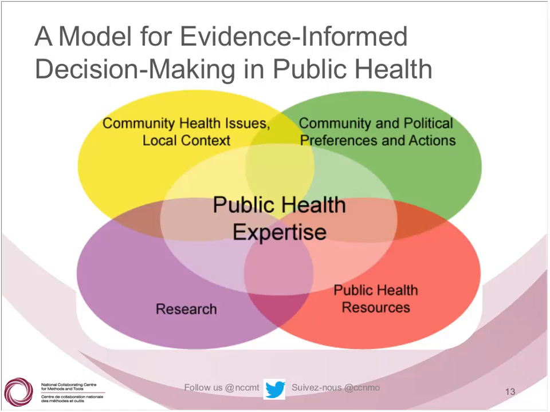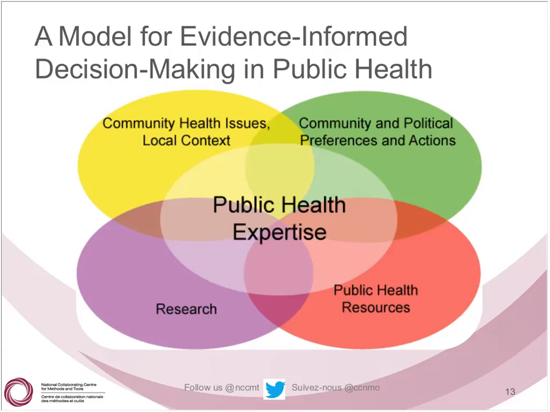And then tying all of this together, our expertise in our field gives us also some sense of what works, what we know or suspect to be true, what people emphasize in their experience. So all of these features, all of the ovals in this model have an influence on decision making.